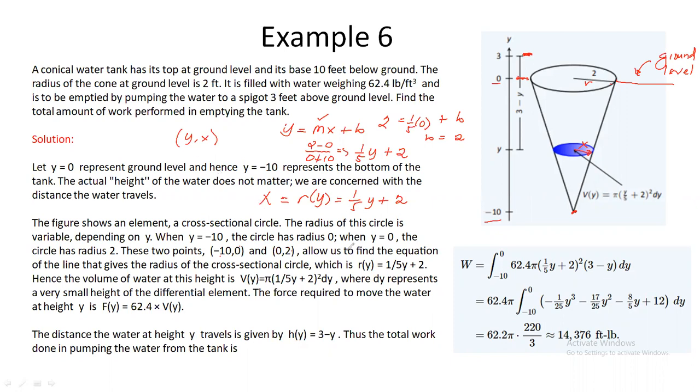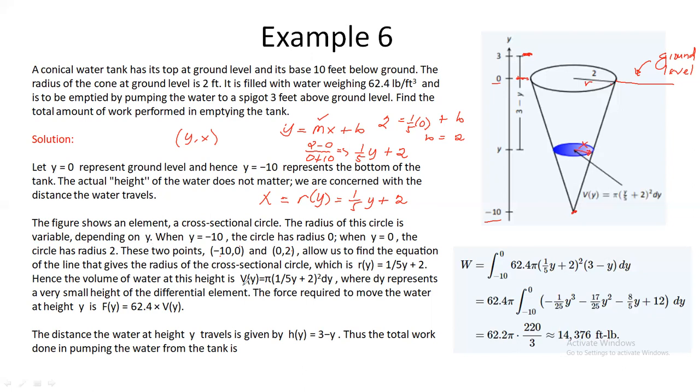Now this is the radius of this differential volume of water that is to be pumped out of the tank. Radius alone. Since it's the radius and this is also circular, then in terms of the cross-sectional area of the circular portion of your differential volume of water, that would still be pi r squared.